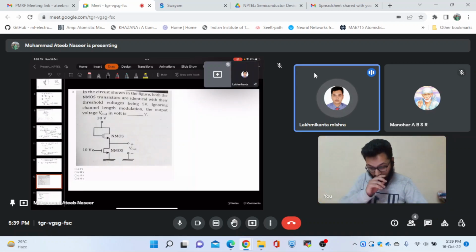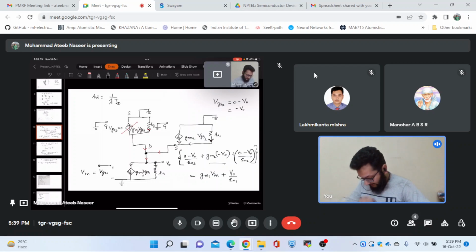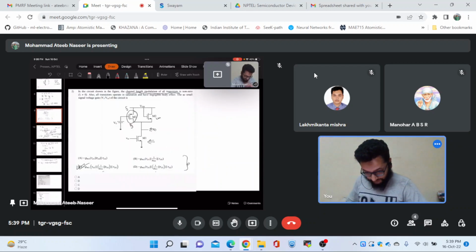Why is M3's current source cancelled? You can see that this MOSFET is a PMOS, and for PMOS we will have the source at the higher bias compared to the drain. So for PMOS, this is the source, this is the drain.